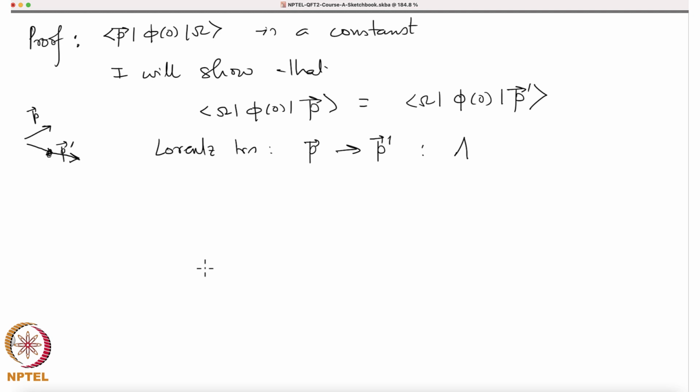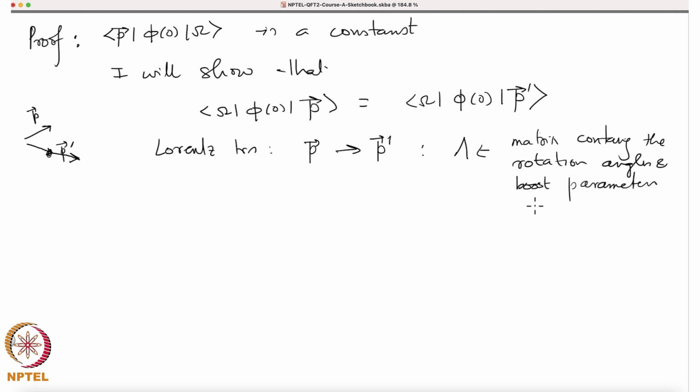Rotation will change the direction of momentum and boost will change the magnitude. So lambda, let me write, is the matrix containing the rotation angles and boost parameters needed to go from p to p prime. Good.